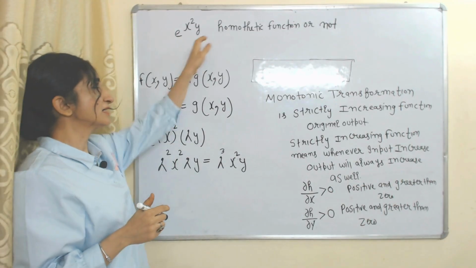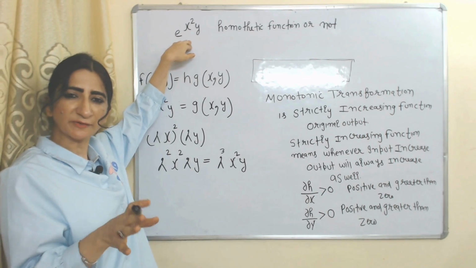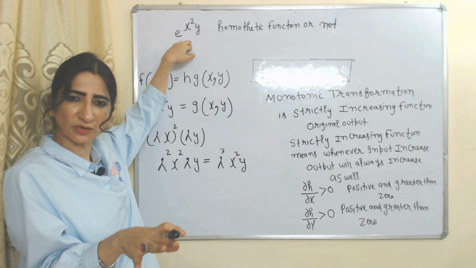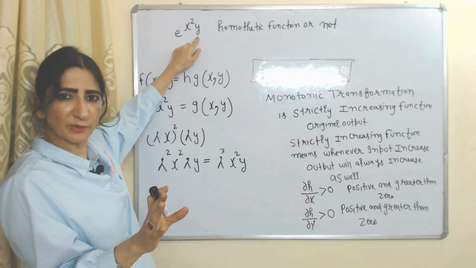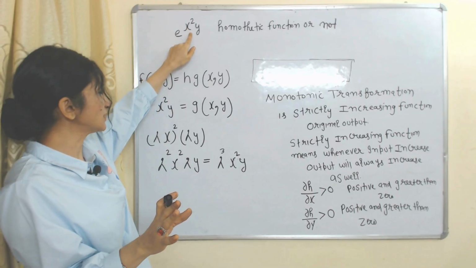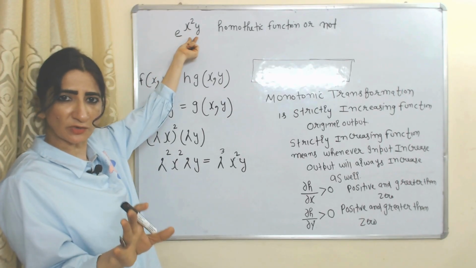Now we will see, is this function homothetic function or not? Homothetic function is monotonic transformation of a homogeneous function. Here x and y are our input variable. First of all, we will see x square y is a homogeneous function or not.